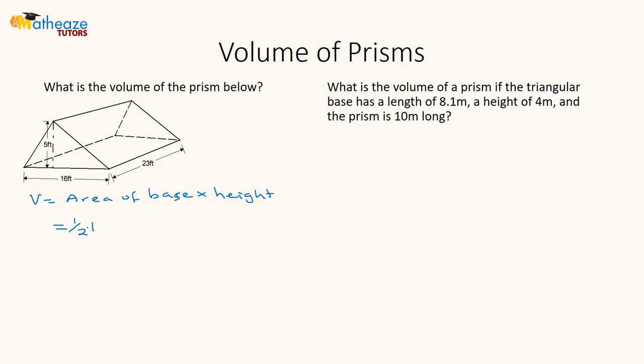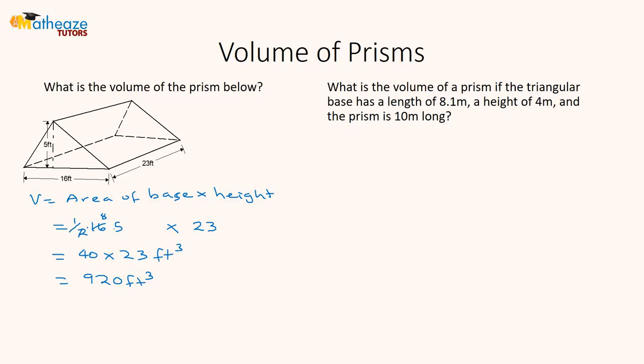The base is 16, height is 5, and then we multiply by the height of the prism, which is 23. So this is going to give us 16 divided by 2, that's 8. 8 times 5 is 40 times 23, and this is going to be cubic feet, which is going to give us 920 cubic feet.